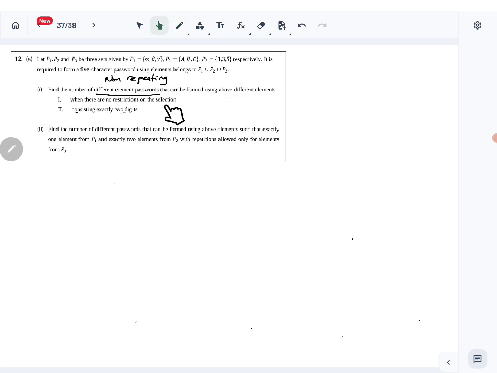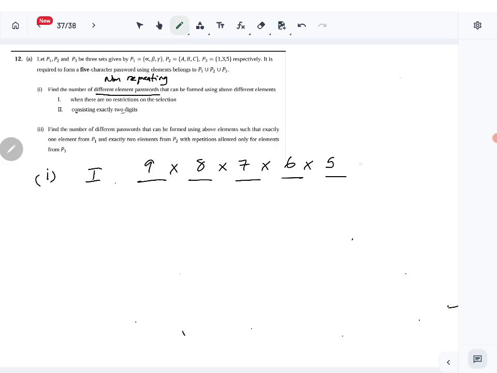So what's the first one? No restrictions are placed on selection. So you want to create a 5-character password. No restrictions are placed, so the first position can be filled in 9 ways, second in 8, third in 7, fourth in 6, and fifth in 5 ways.